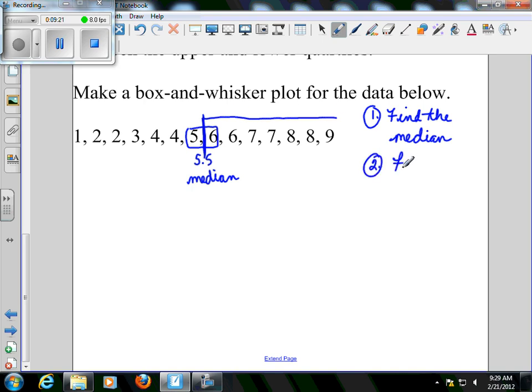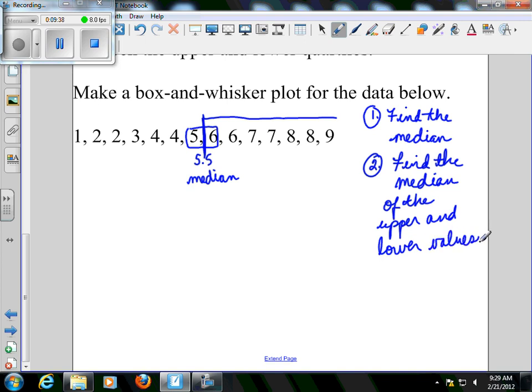So I'm going to write that down. Find the median of the upper and lower values. Now remember, the median's right here in the middle.